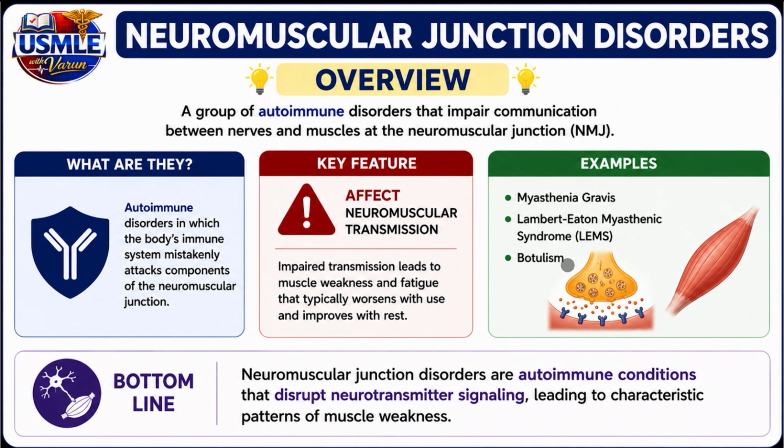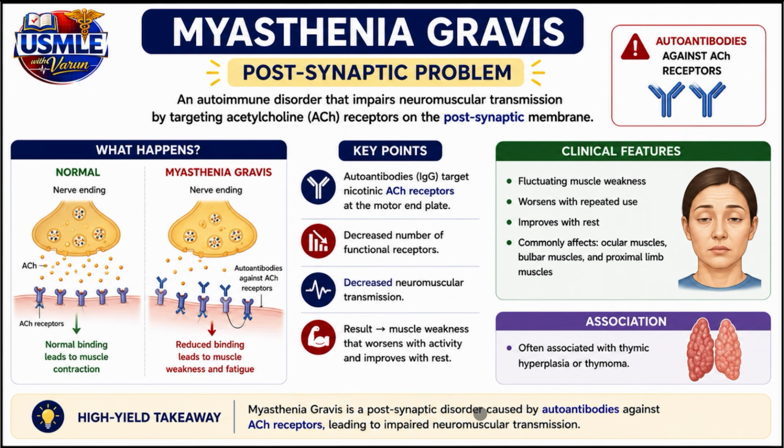Examples of neuromuscular junction disorders include myasthenia gravis, Lambert-Eaton myasthenic syndrome, and botulism. These are conditions that disrupt neuromuscular signaling, leading to characteristic patterns of muscle weakness. In myasthenia gravis, antibodies attack receptors on the muscle side of the junction, reducing the ability of the muscle to respond to nerve signals.